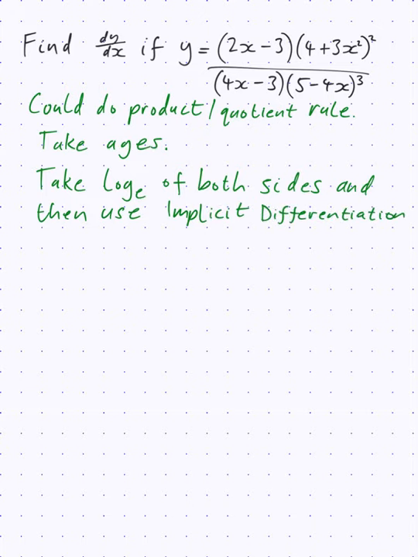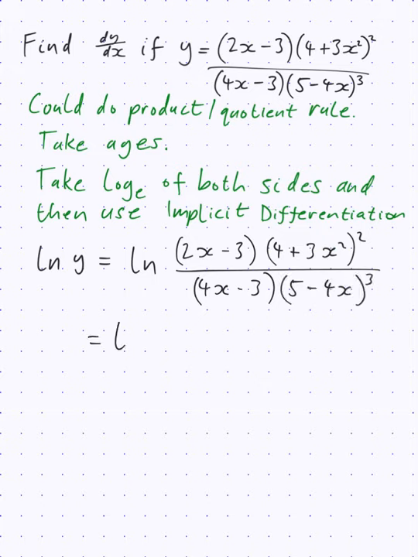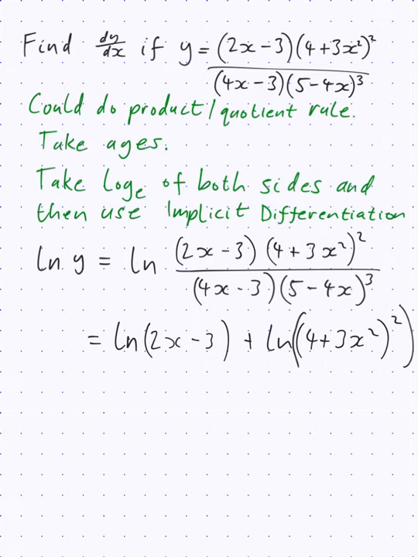So first we take the log of both sides. Now we can use the laws of logs to simplify that right hand side. So that top half is the log of 2x minus 3 plus the log of 4 plus 3x squared, all squared. Then the terms on the bottom in the log are taken away.